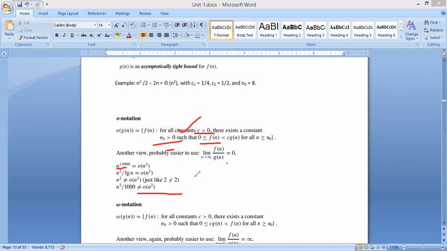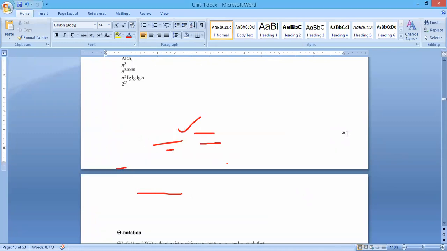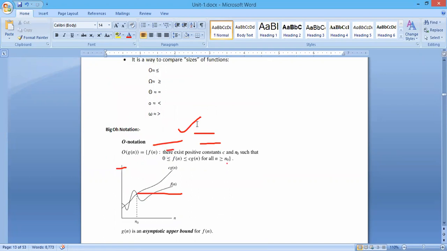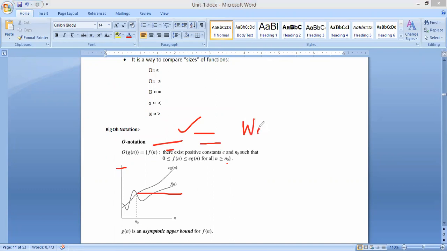This is going to give an average. In a general way, big O notation is going to give you the worst case values. The worst case, right?